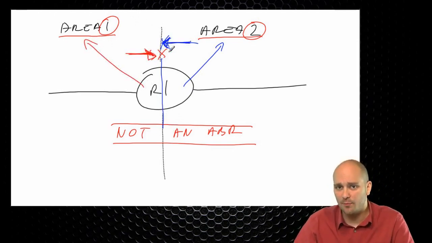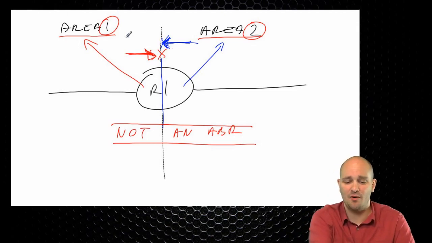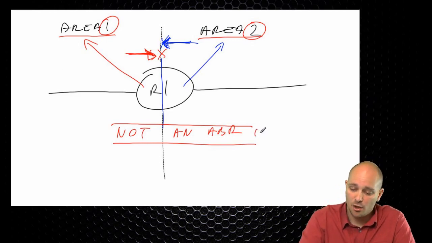They can only summarize the LSA information between non-backbone and backbone area and between backbone area and the non-backbone area. So this router in iOS is not an ABR.